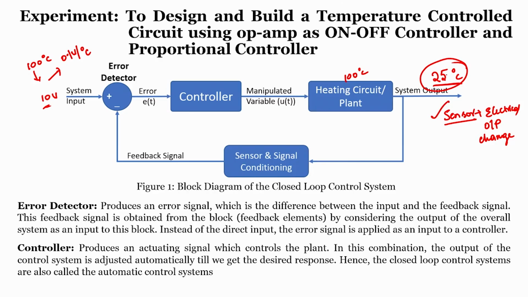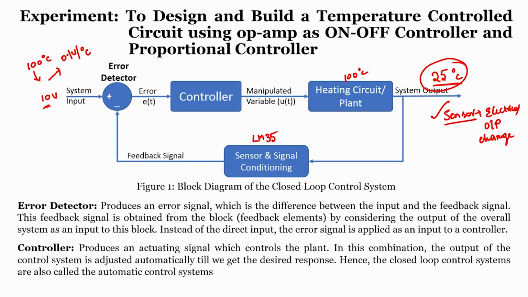Even in this case, temperature is heat, which we understand only by touching. So, in order to give it as an input to this system, we require to convert it to an electrical output by using a sensor. For that we are using LM35. We will stick the LM35 on top of our temperature plant.